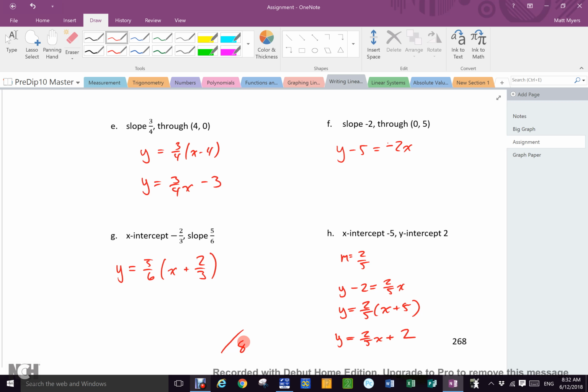Anybody? You will not be tested on this material. This is an assignment. Knowledge of this material will make the rest of your life easier. But it's not something I'm testing you on because it's not really part of grade 10, right? What are we doing here?